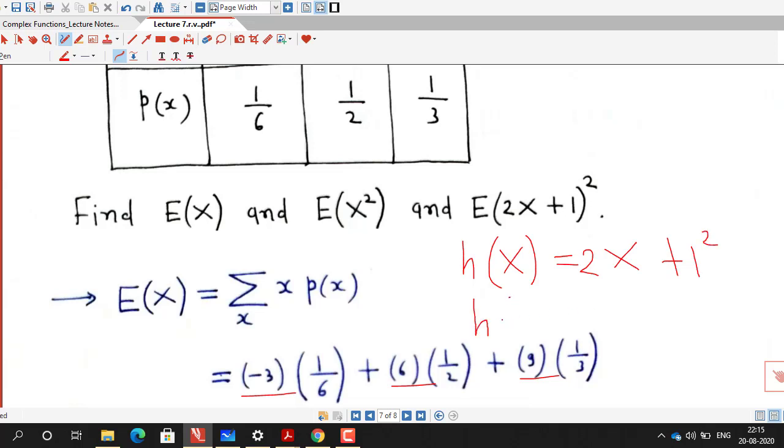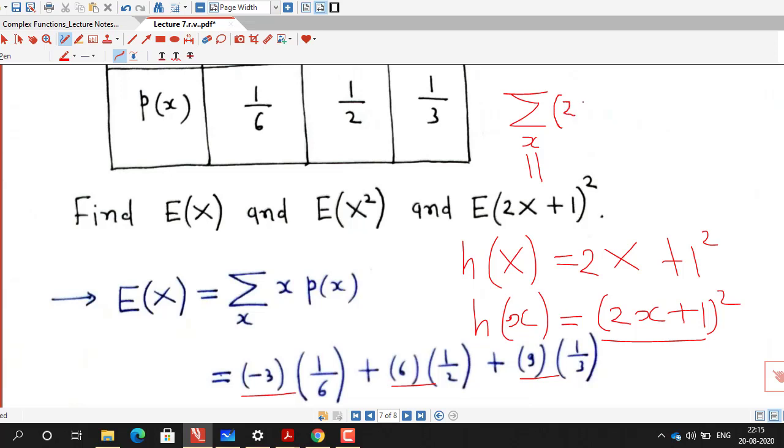If we replace capital X by small x, we have (2x plus 1) square, and this is going to be sigma h of x into p of x, where h of x is (2x plus 1) square, and we multiply by p of x, that is the probability mass function of x.